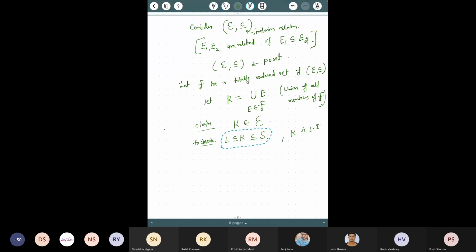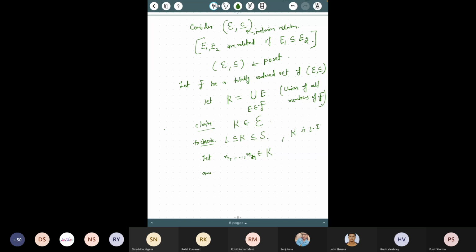Now we just have to show whether K is linearly independent or not. I have to do it a bit quickly, otherwise I won't be able to finish it. So I have to show that K is linearly independent. In order to check that, I will take any finite collection of vectors, let's say x1 to xn in K, and then I will show that this set of vectors x1 to xn is linearly independent.